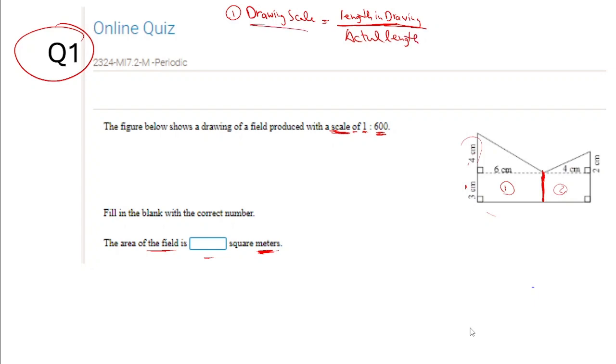So we have the drawing scale here, which is 1 to 600. The length in the drawing is the length which we have. So we need the actual length for each side of this figure.